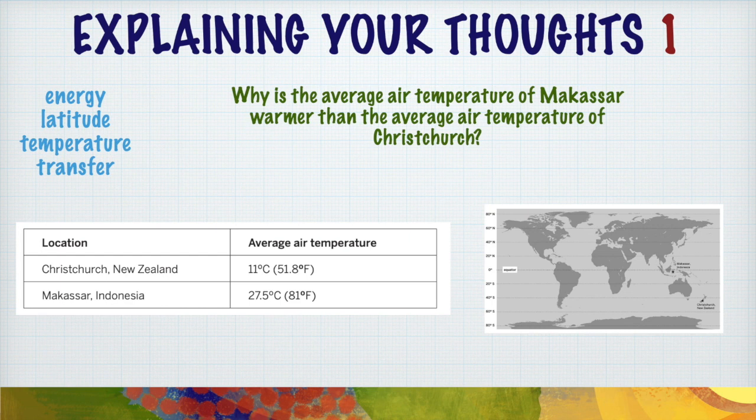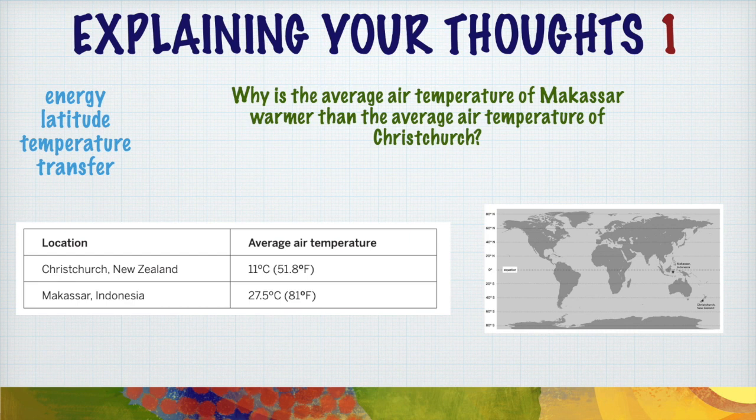Now, looking at this map here, I can see that Indonesia is much closer to the equator than New Zealand. And we know from our previous lessons that the closer you are to the equator, the hotter the temperature on average is going to be.